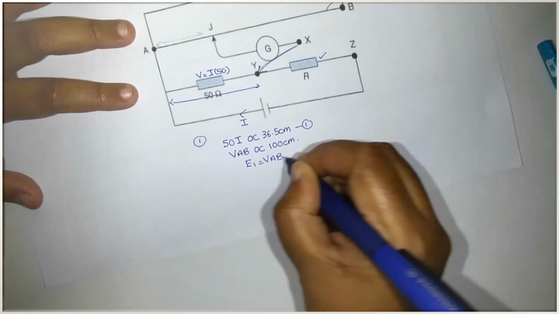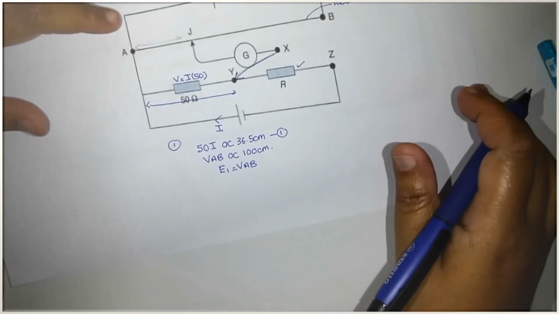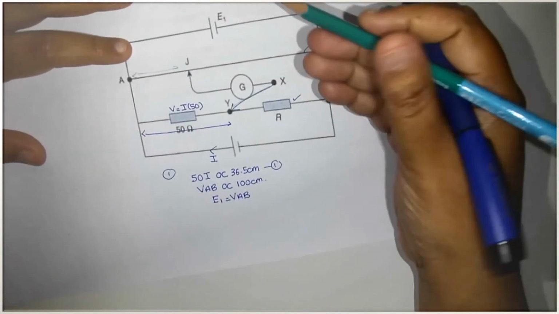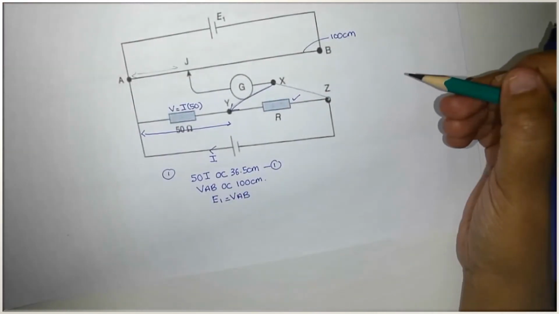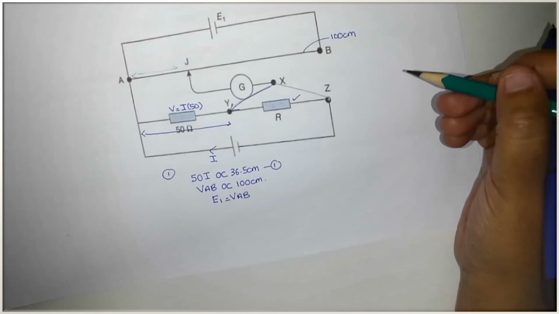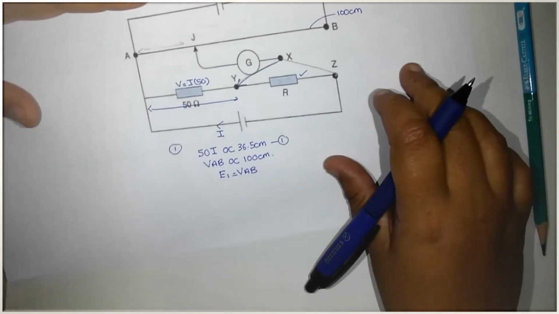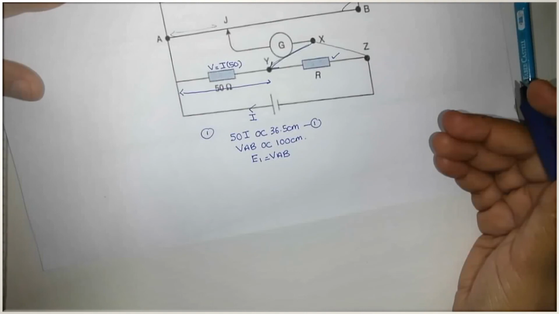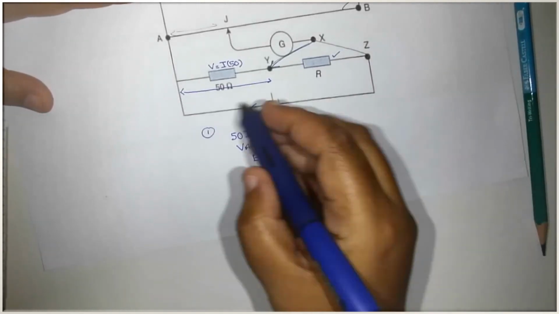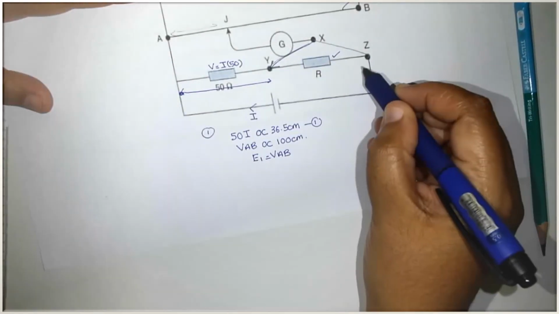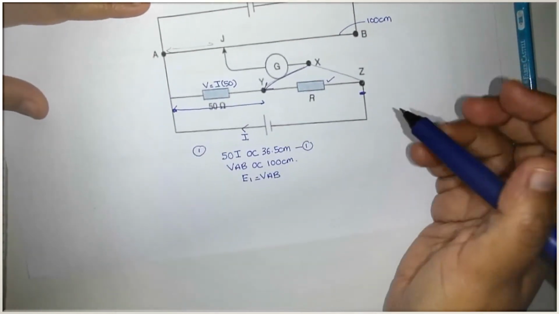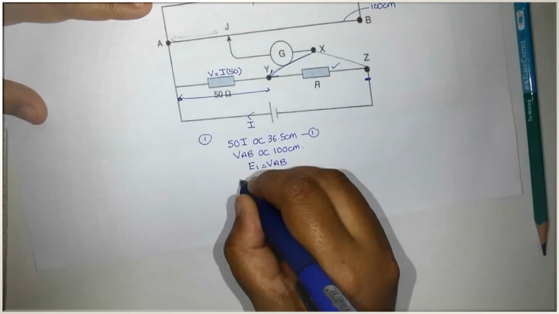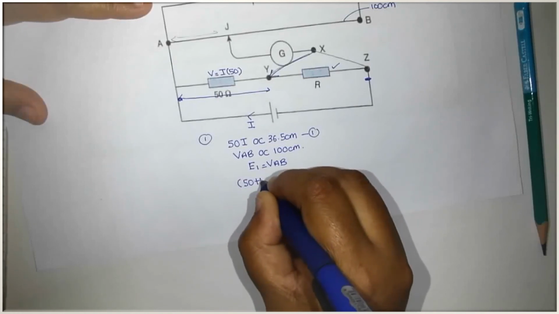I'm studying the circuit before I'm answering the question. Now when it is connected to XZ, the balance length is connected to XZ, so what can I get? This whole potential from here to here will be I times (50 plus R).